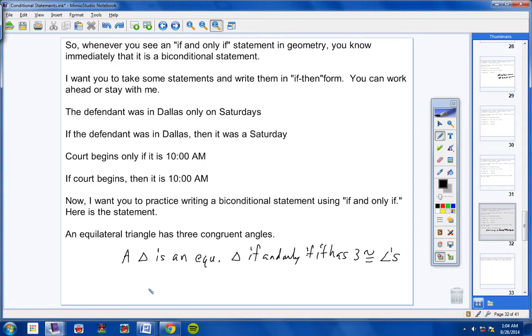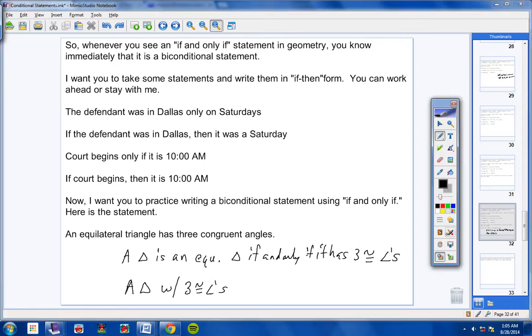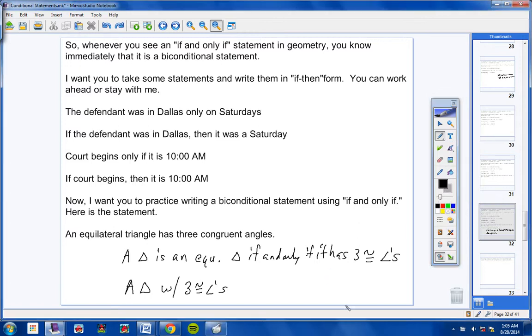Now I'm going to turn it around. You could also say this: a triangle with three congruent angles. So now I'm putting this part first, okay? Write this down. Okay, I left one word out, sorry about that.